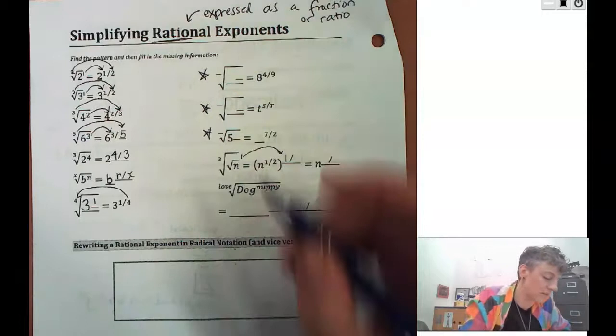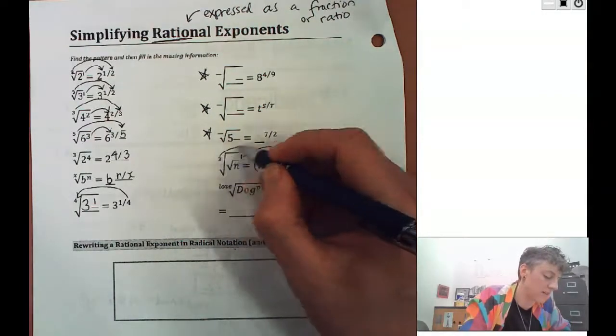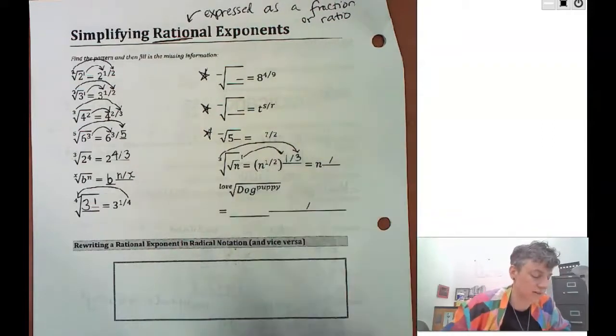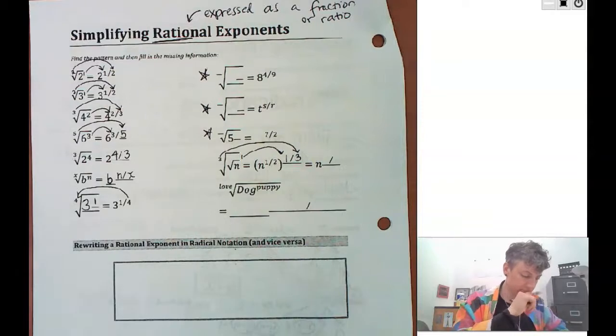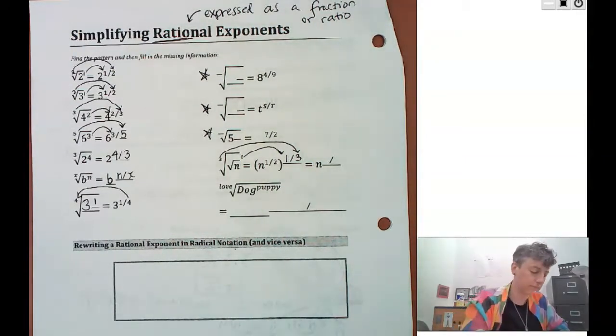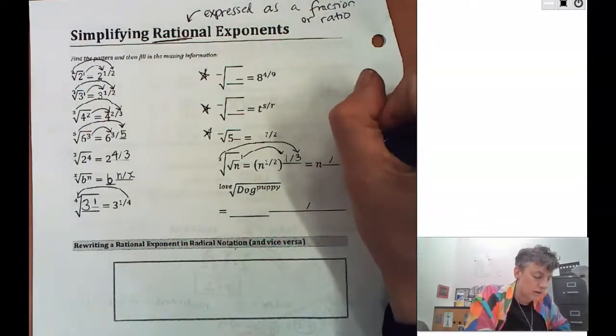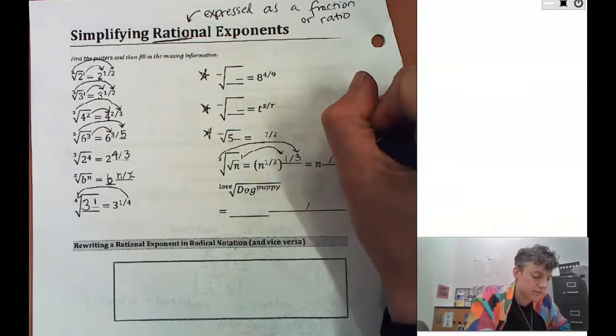And my index is going to become the denominator. Boom shakalaka. And then, using our exponent rules, thinking way back, we have a number to a power.